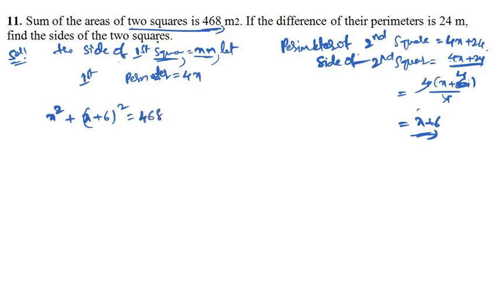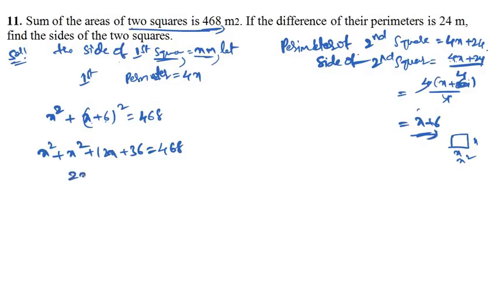The area of a square is side into side. So if one side is x, the area is x square, and the other is (x plus 6) whole square. So it will come like this: x square plus 2 into 6, that is 12x, plus 6 into 6, that is 36, is equal to 468.